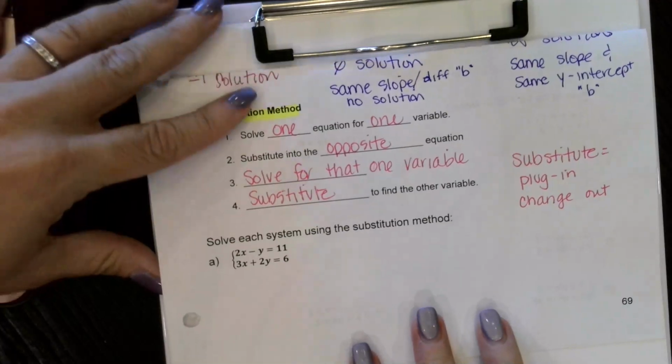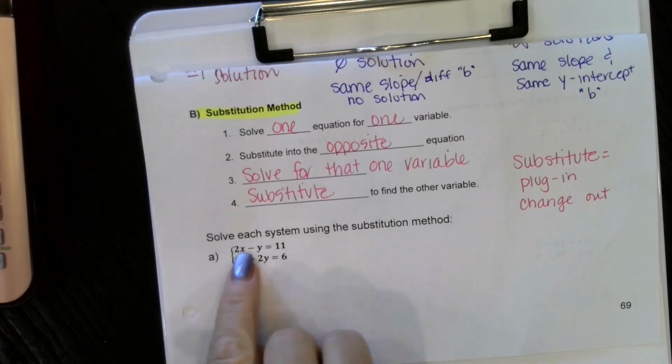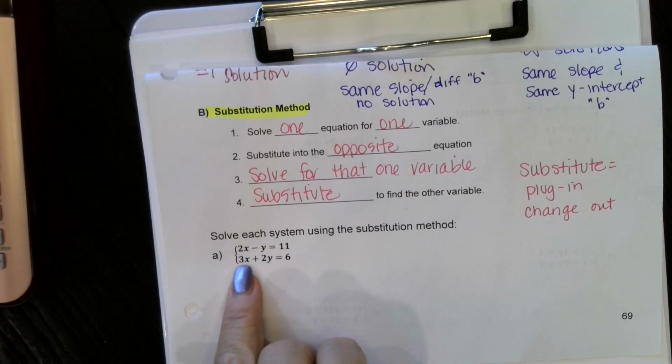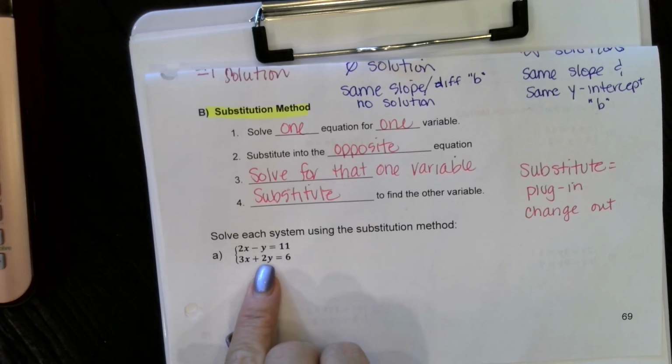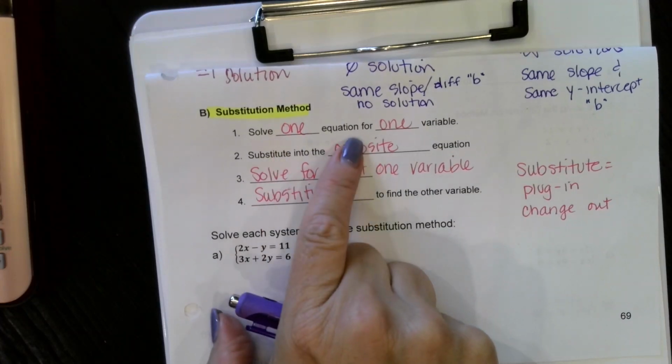All right. So what makes the substitution method the easiest is if you can identify the best variable to use. So if I look here, I have 4 variable options. I have this x, this y, this x, or this y. So I want to make one of these x equals or y equals. That's what this says: solve one equation for one variable.